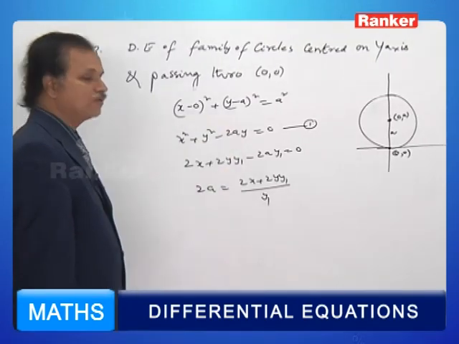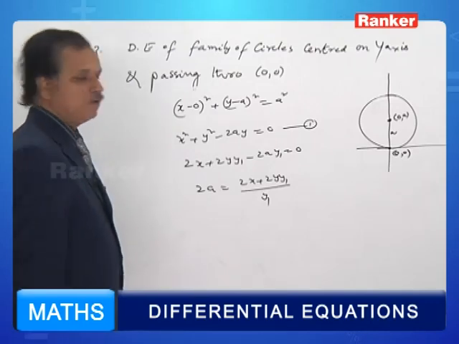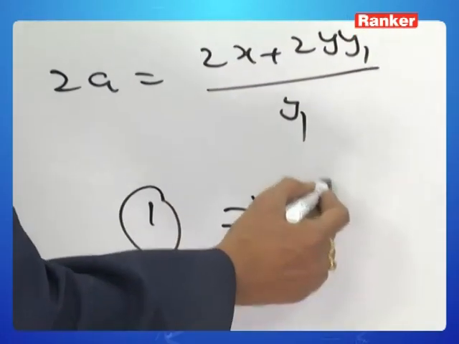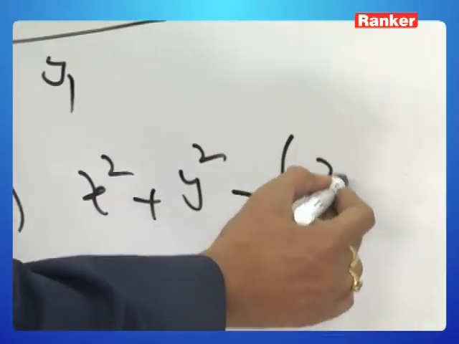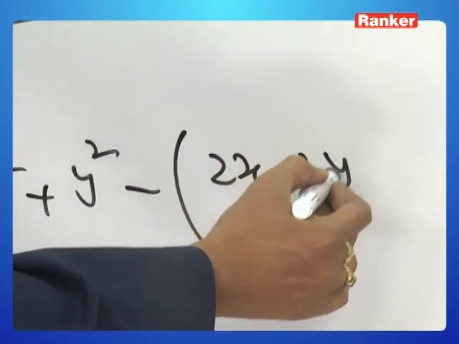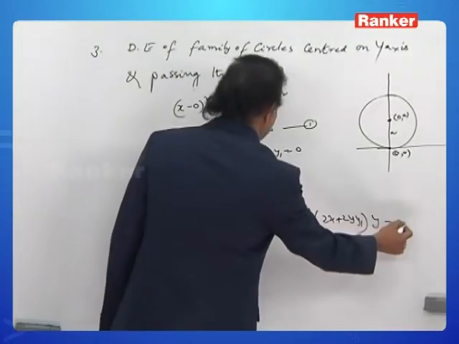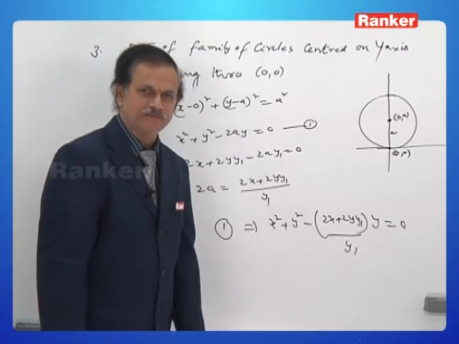In the place of 2a, we have (2x plus 2yy1) by y1. So x square plus y square minus ((2x plus 2yy1) by y1) into y is equal to 0. That is the required equation.